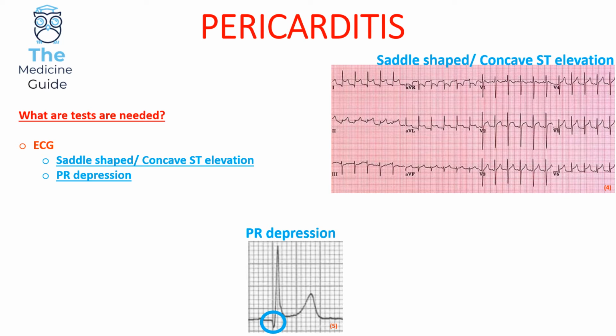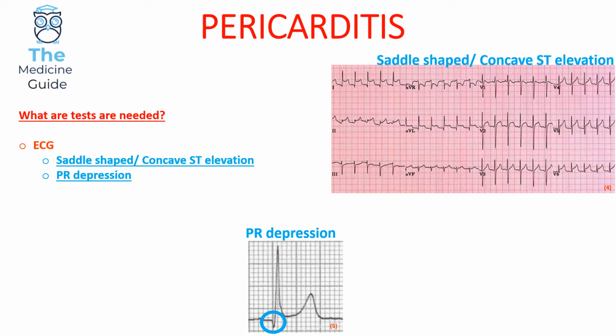So you can see that we've got ST elevation present on leads 1, leads 2, a little bit in AVL, AVF, slightly in V1, but definitely in V2, V3, V4, V5 and V6. So you can see that there are multiple leads involved and they all have ST elevation. So that's your classic finding of saddle-shaped ST elevation or concave ST elevation in pericarditis.